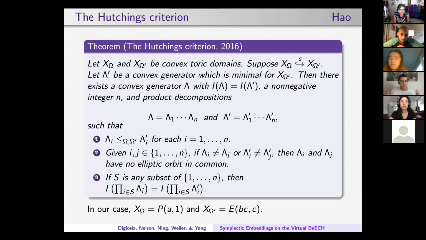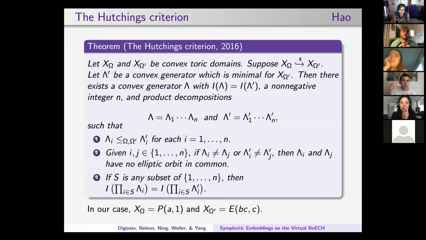So lambda factors into n different convex generators and lambda prime into the same number of convex generators. Now, studying these curves gives you a set of necessary conditions on the associated convex generators. In particular, lambda i is less than or equal to lambda i prime in the context of bullet point 1 is one of the necessary consequences of the existence of the J-holomorphic curve.